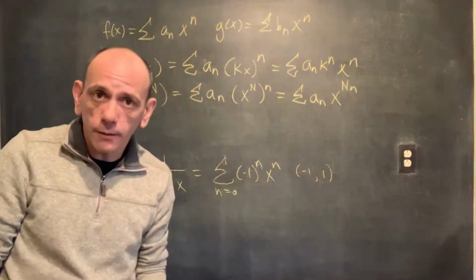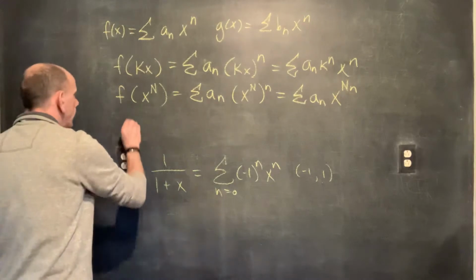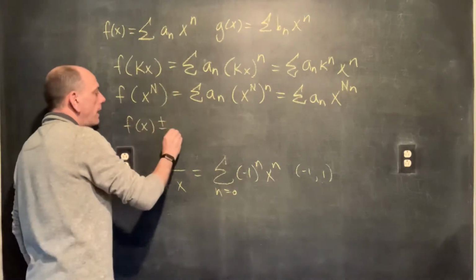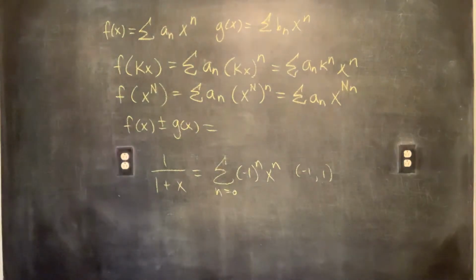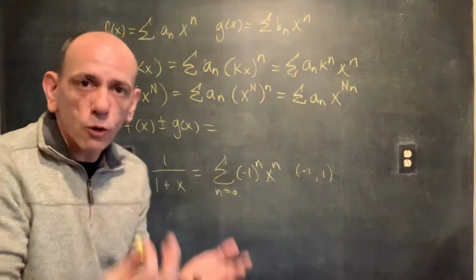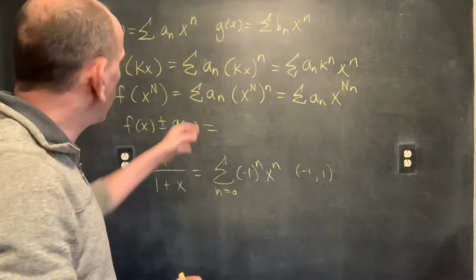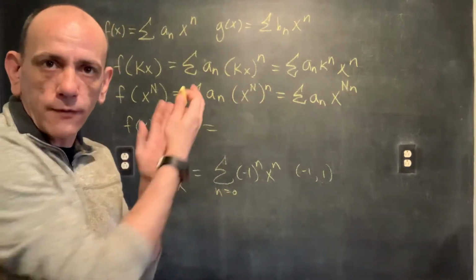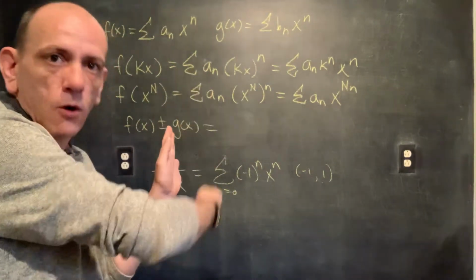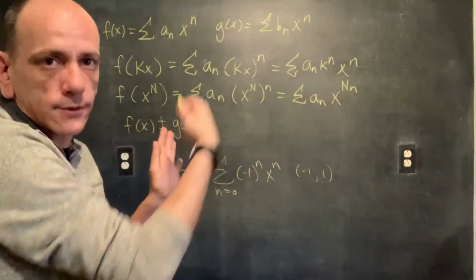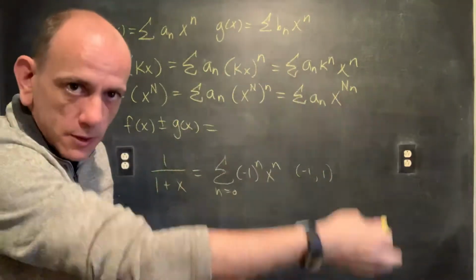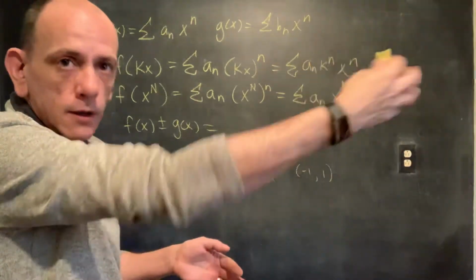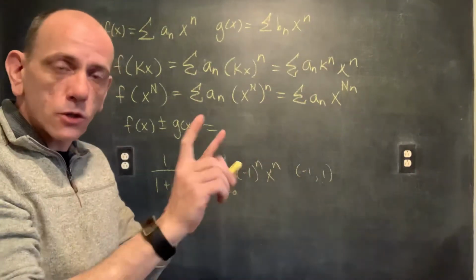We can combine them. So f of x plus or minus g of x is, well, we're just going to group stuff, right? We're adding two sums together. So I've got a sub 0, a sub 1 x, a sub 2 x squared, and then I'm adding b sub 0 plus b sub 1 x plus b sub 2 x squared, and so on. So all I'm going to do is just group, right?